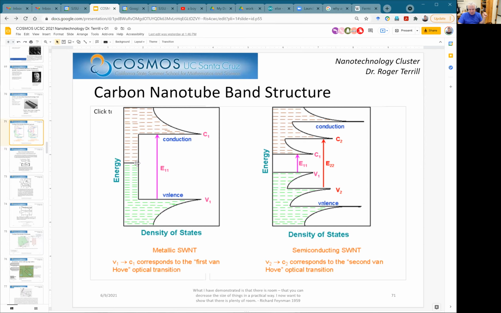Now at the Fermi level, or near enough the Fermi level that you have some partial occupation, then you have conduction. And why don't these states up here conduct? Because they're empty.